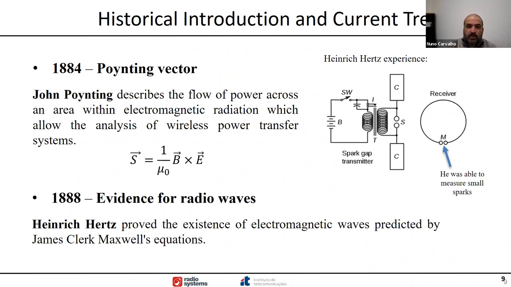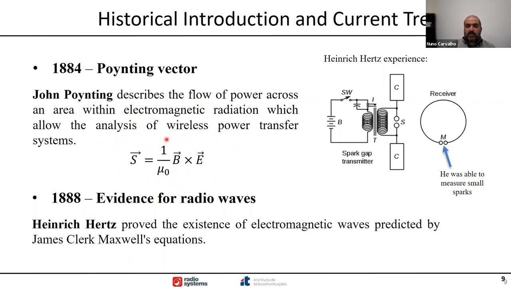Later on, Poynting, using the Maxwell equations, showed that there is a flow of power across an area in the form of electromagnetic radiation. So we know quite well the Poynting vector, which is related to the magnetic field multiplied by the electric field.